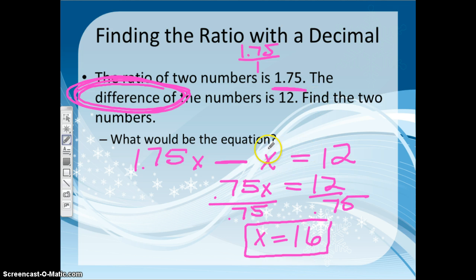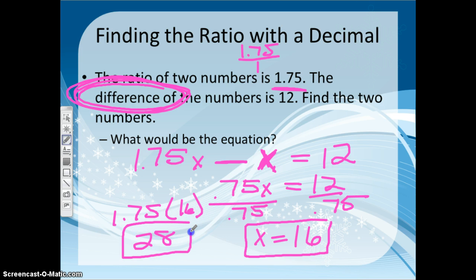And since one of our numbers is just plain x, or that multiplication factor, we know one of our numbers is 16. To find out our other number, we take 1.75 times 16, and we get 28. Our two numbers are 16 and 28.